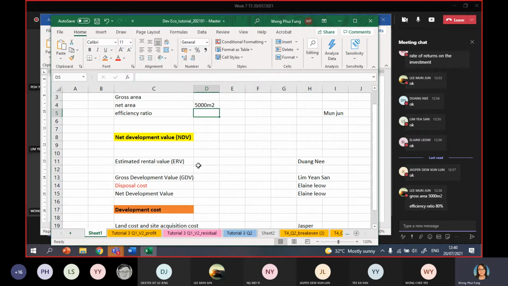Okay, efficiency ratio is 80%, correct? Then what about gross area, Manjun? Quickly recalculate for me.